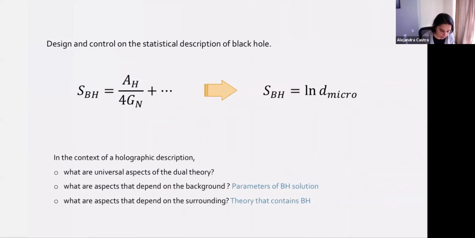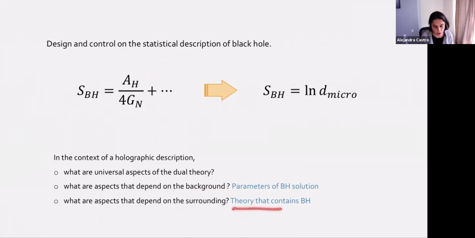And more precisely, if I refer to background, colloquially speaking, during this presentation, I mean basically the parameters of the black hole, properties of the black hole, properties that might not come immediately into the area law, but they might be important in order to understand what is the statistical description. And by surrounding, I basically mean what is the theory? Okay, so where is this black hole contained?